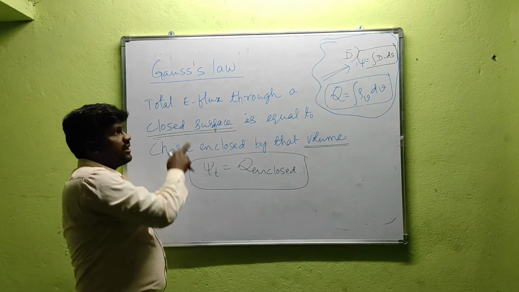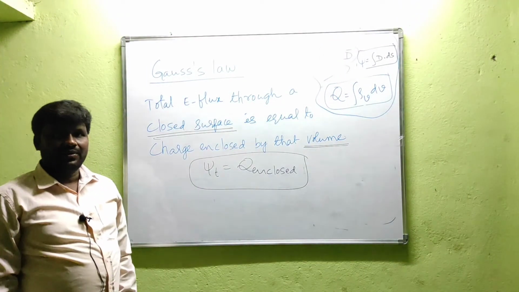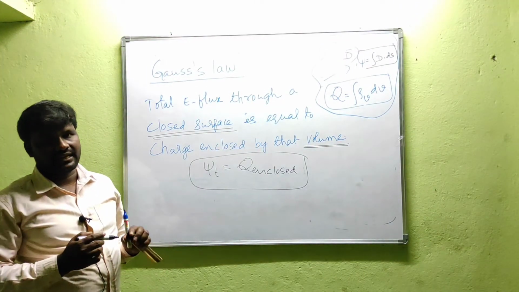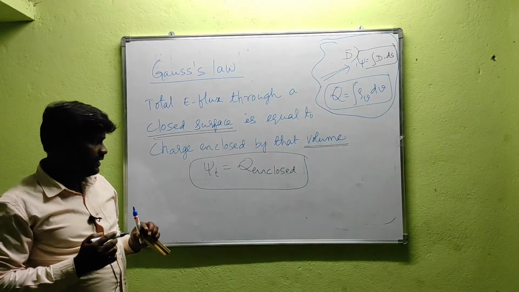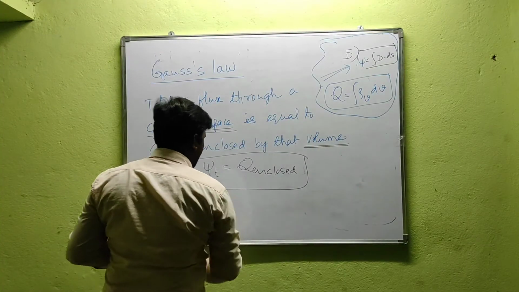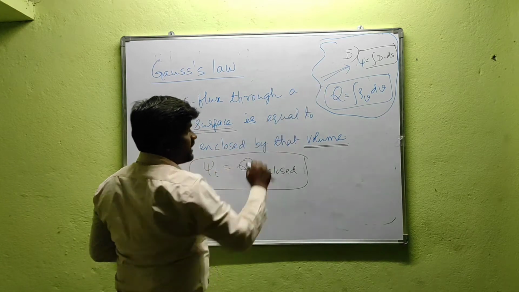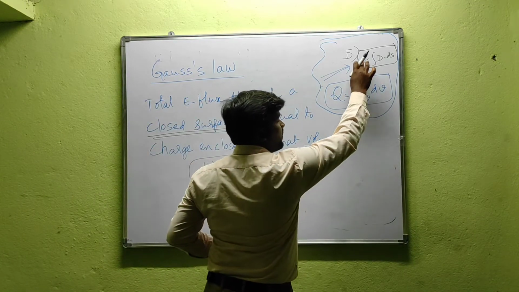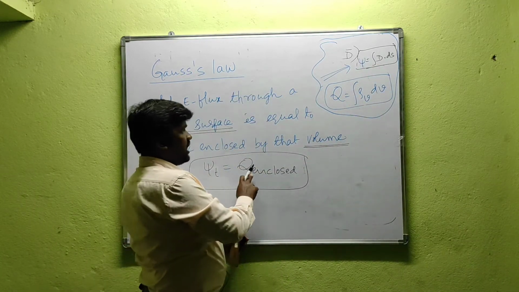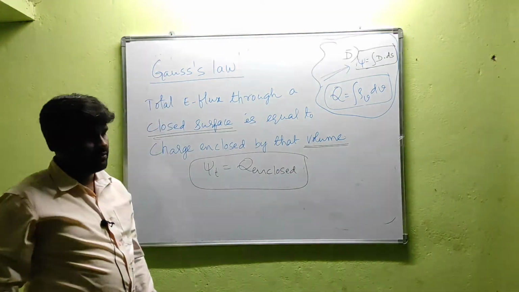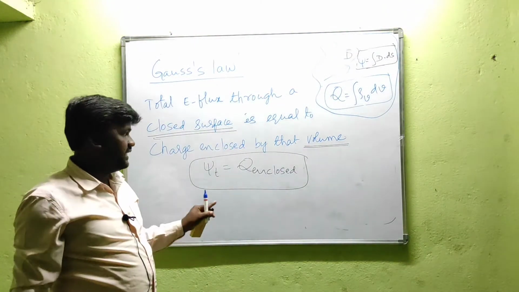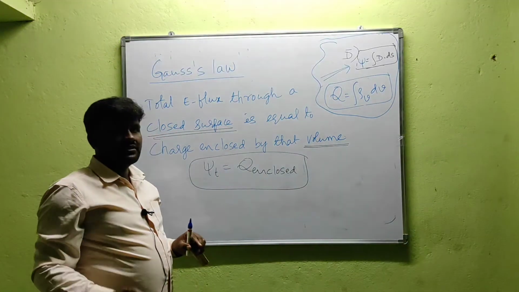By using this Gauss law, we can derive one of the Maxwell's equations. We know the relation psi equal to... Please write flux in terms of the flux density and charge in terms of the charge density.